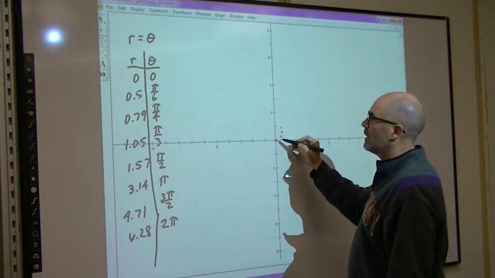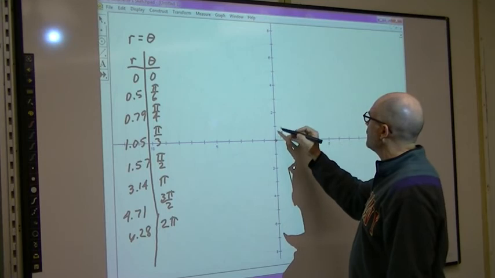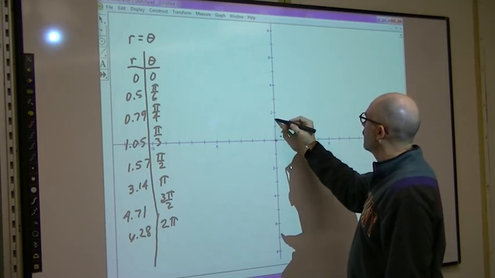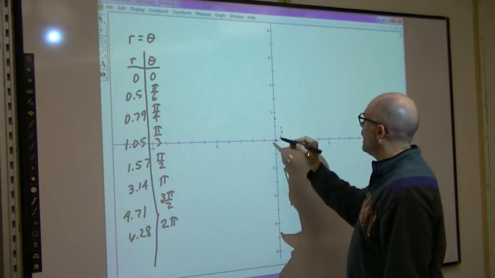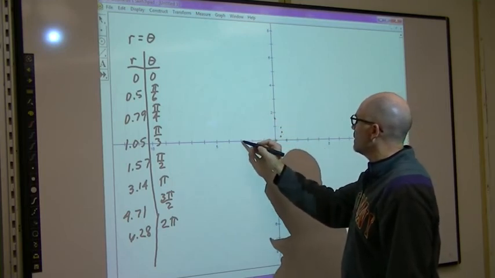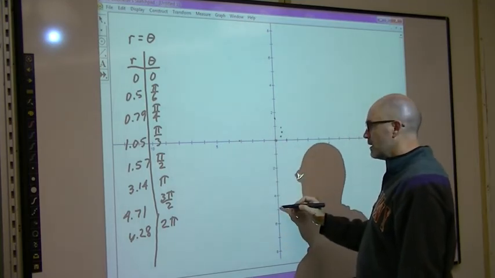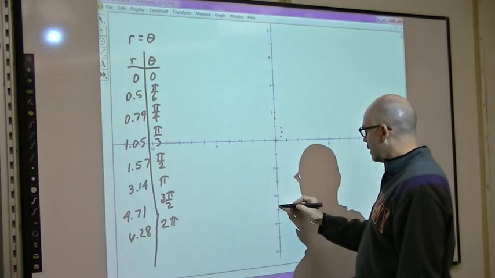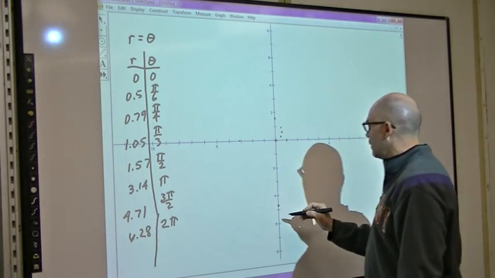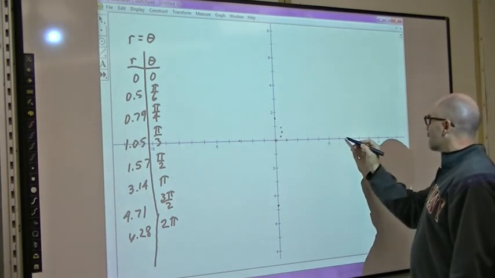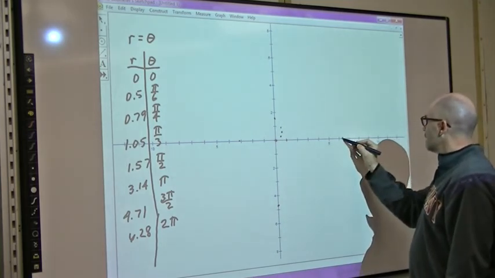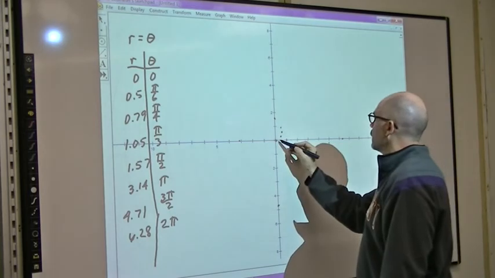Then 1.57 at pi over 2. And then 3.14 at pi. And then 4.71 at 3 pi over 2. And then 6.28, bam. So what's this going to look like?